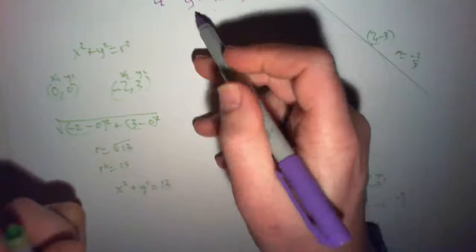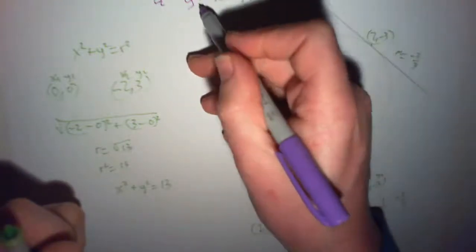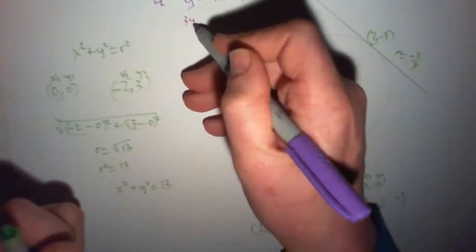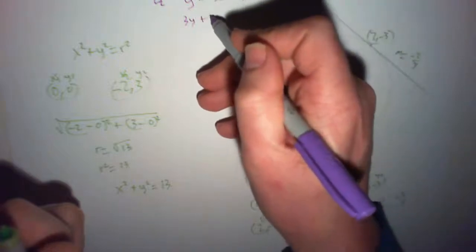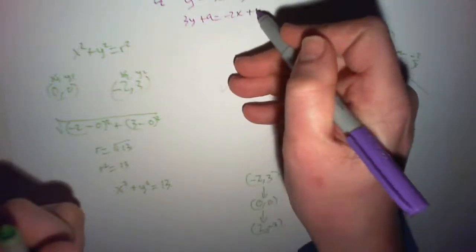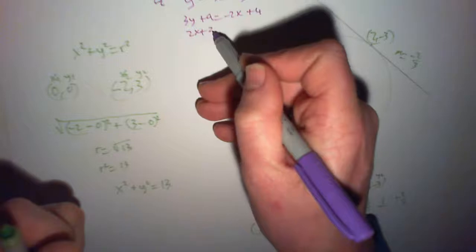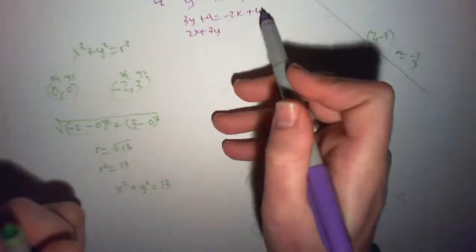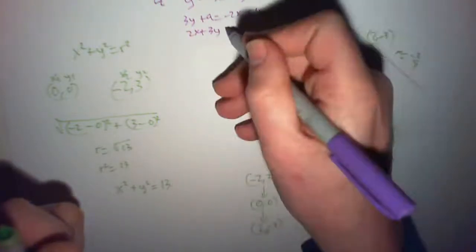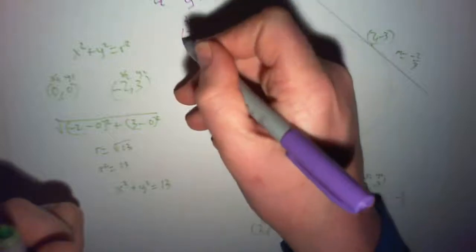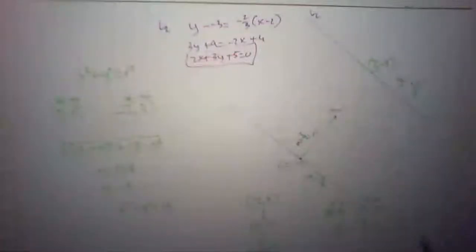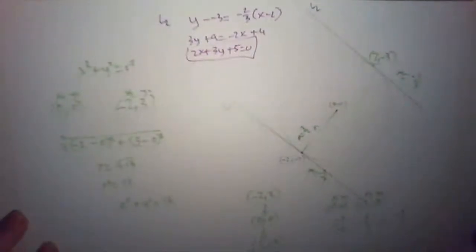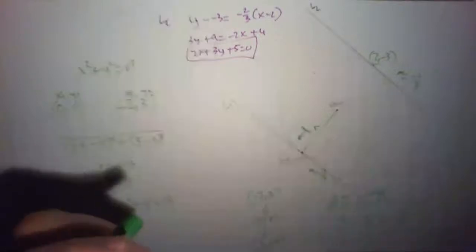So that's distribute the 3, so that's 3y plus 9 minus 2x plus 4. So that's 2x plus 3y plus 5. So that's L2. Sorry, this is all over the shop, but when I get into this kind of zone where I'm really excited about the maths, I just go all over the shop with it. So that's L2.